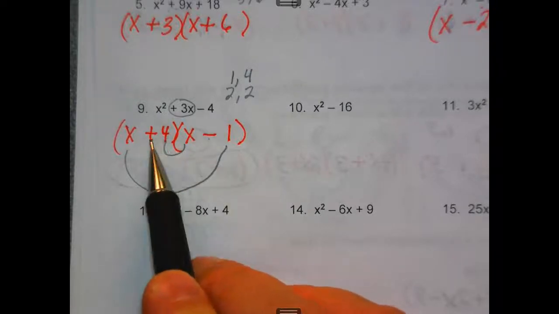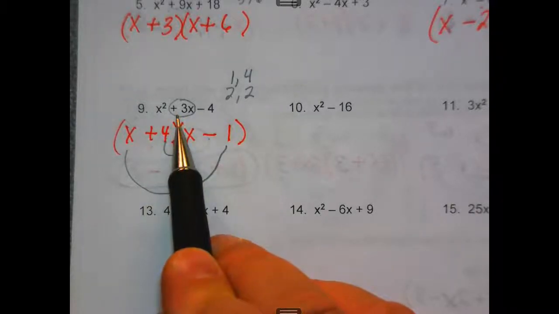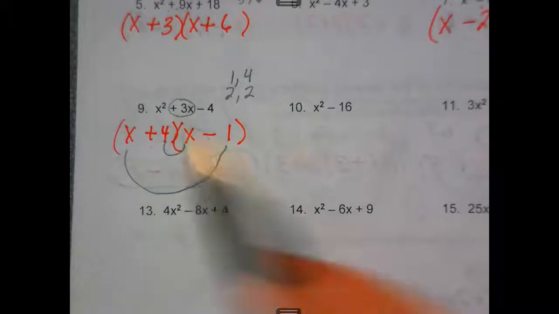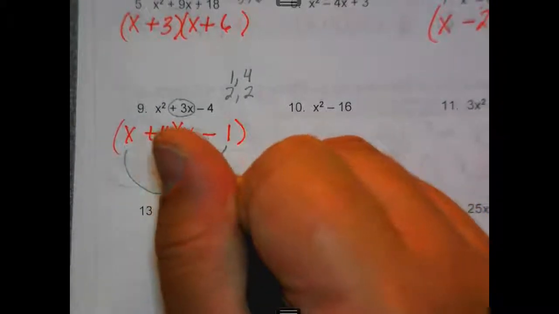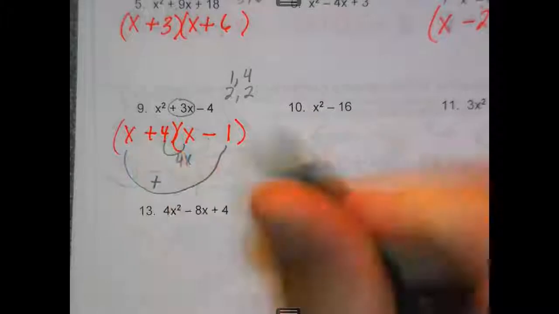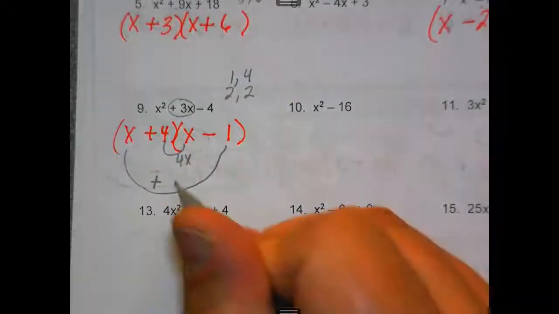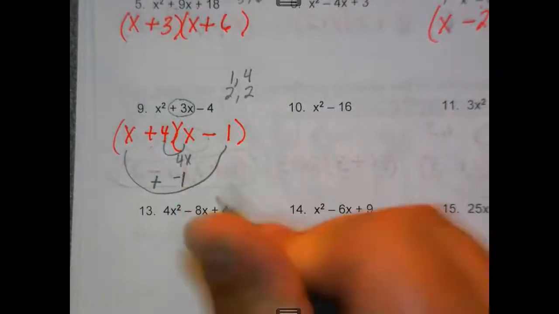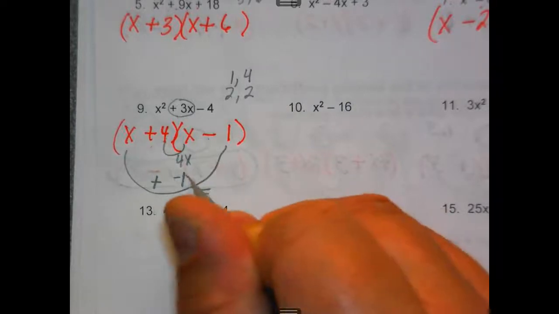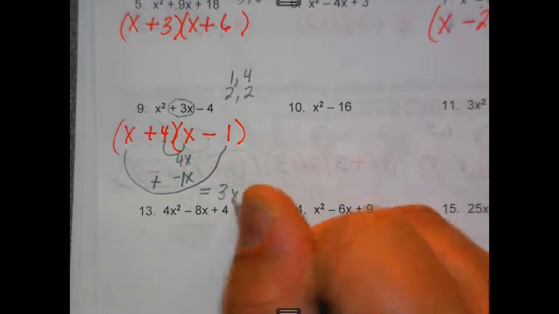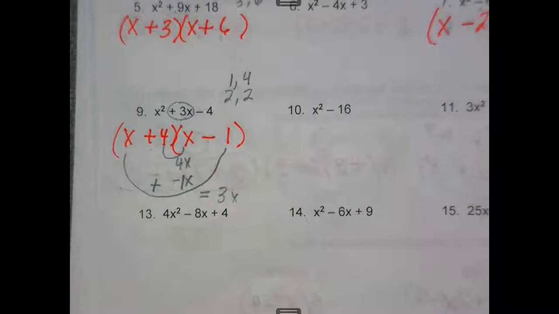I want the bigger number to be positive so it comes out positive. Okay, so if you do this, I get 4x, and I'm going to add to it a negative 1x, so I actually end up subtracting. That equals a positive 3x, which is what I want.